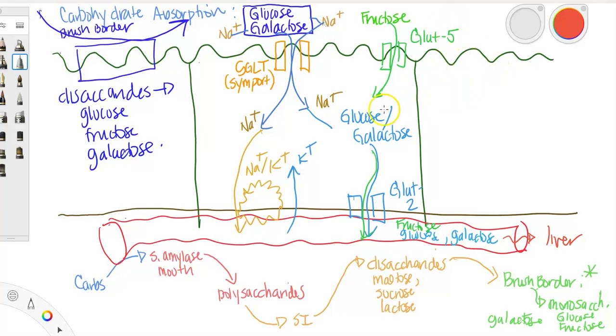The small intestine cells, okay, we're getting glucose into the cell, right? But the small intestine cells actually do not consume the glucose.